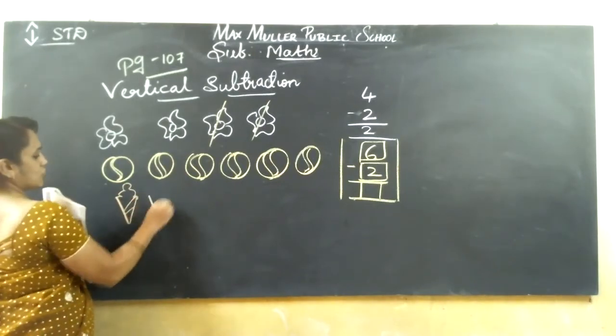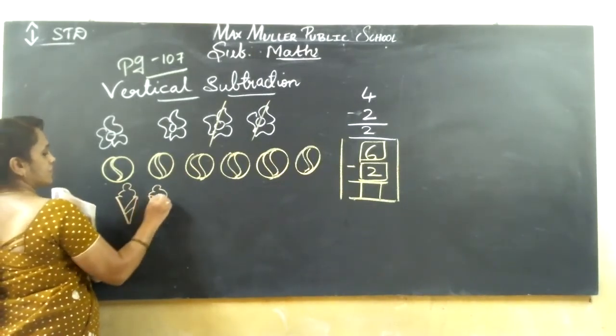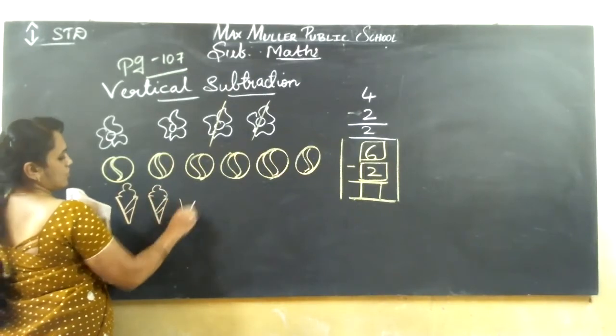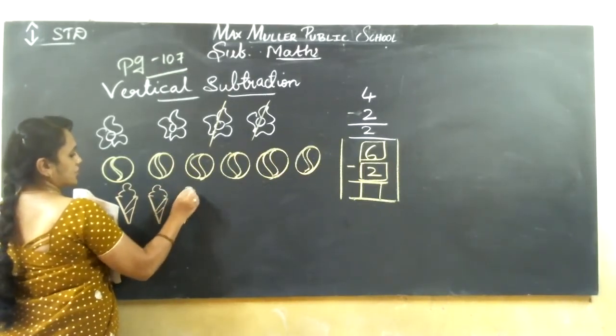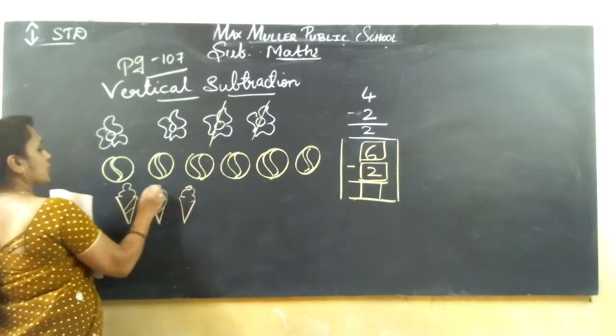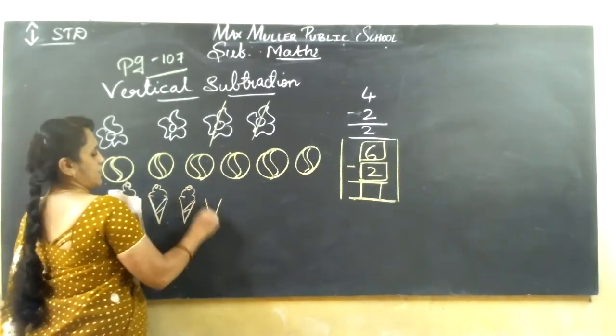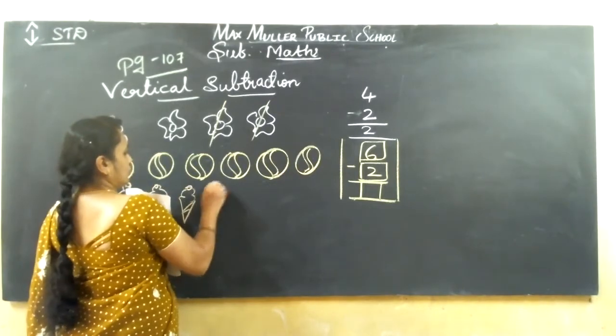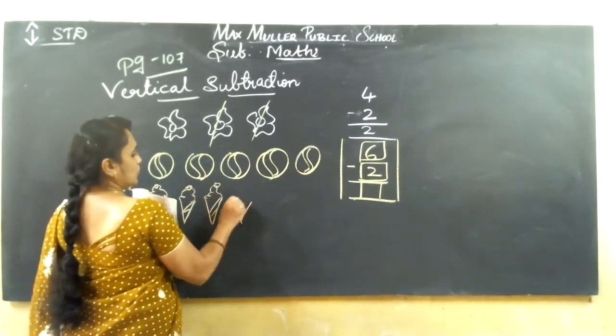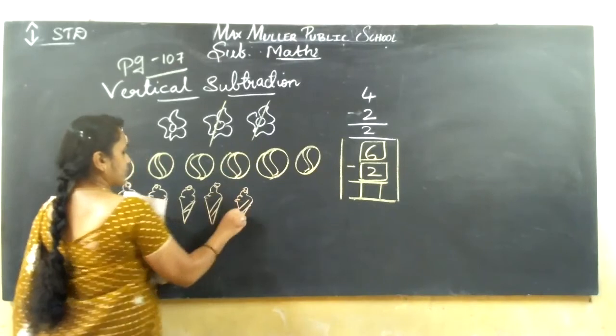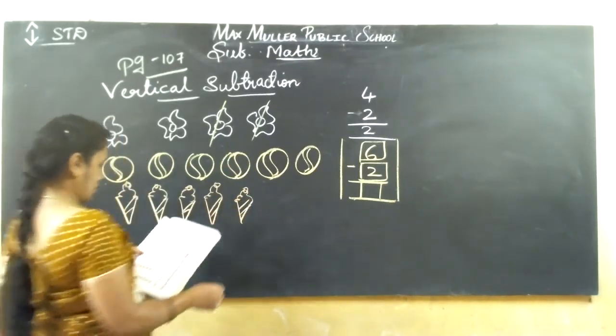How many ice cream cones are there? 7 ice cream cones. For you in the book it is drawn, children. Why am I drawing? To make you understand, okay? You should understand now. That's why I am also drawing and showing for you. 5, 6, 7 are there.